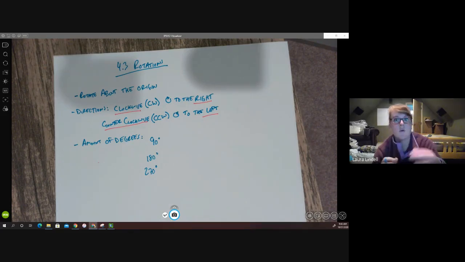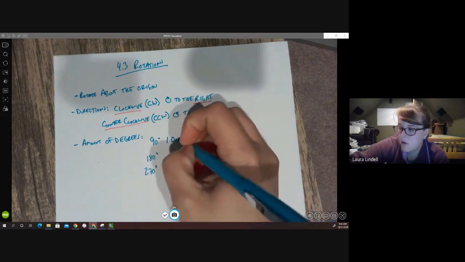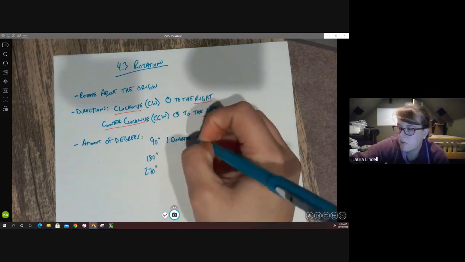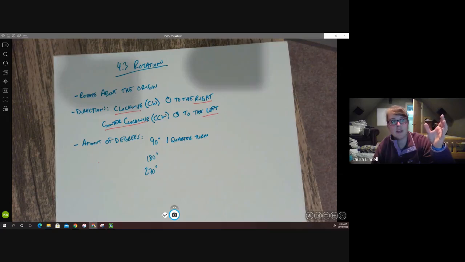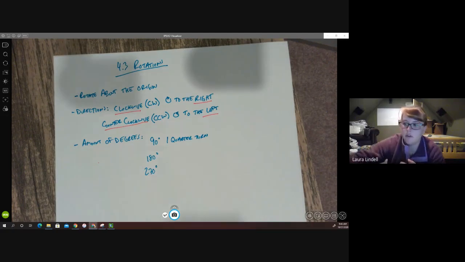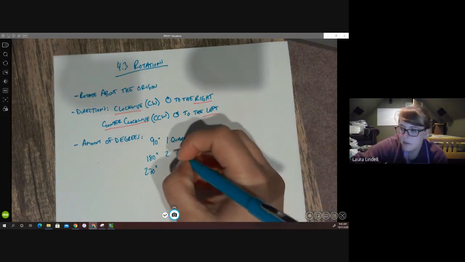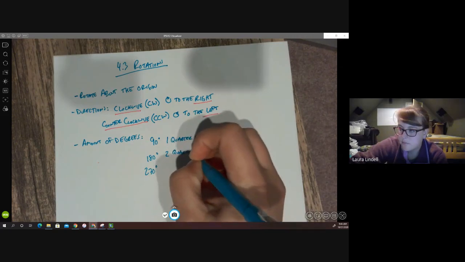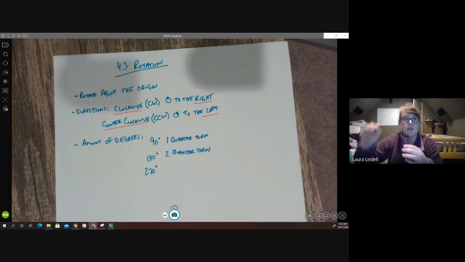90 degrees is like a quarter turn. So if I start in like the first quadrant or something like that, and I rotate 90 degrees, I'll end up one quadrant over. So it's only one quadrant that you move. 180 degrees is like 2 quarter turns, or 2 quadrants moved.